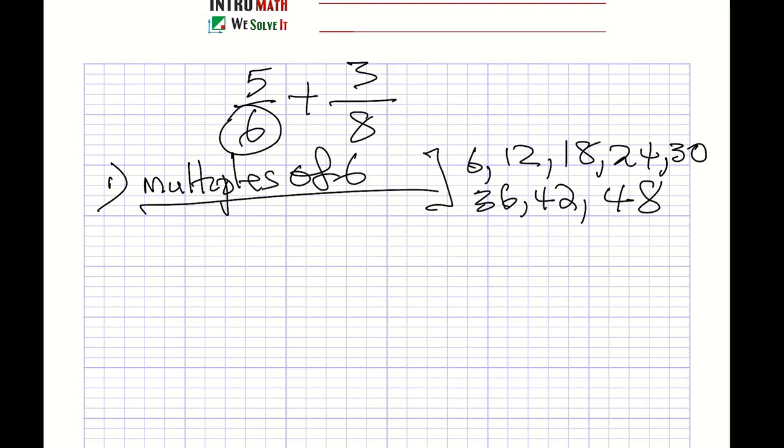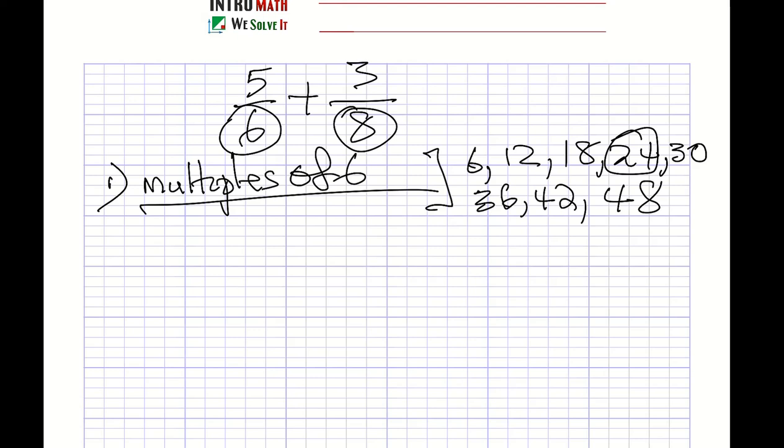These are multiples of 6. Then you ask yourself, what is the least multiple of 6 that 8 can divide? This 8 here. And then if you look over here, see 8 cannot divide 18, 8 cannot divide 12, 8 can divide 24. Then you say 24 is the number you're looking for that will equalize the denominator.